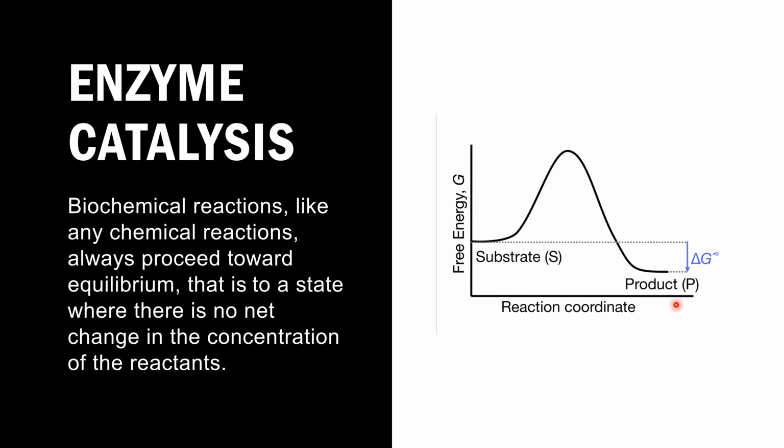Then it will convert into the product. Now, in this particular example, you can see that the substrate has this level of free energy, and the product is at this level. So the substrate has a higher free energy value as compared to the product.